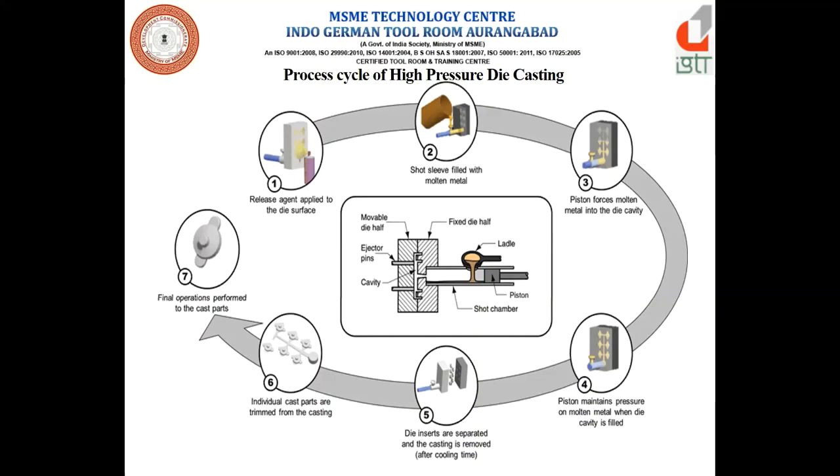This may be by a manual process, depending upon the facility available in our machine, or maybe by robot. Once the shot sleeve is filled with the molten metal, our next process of injection starts.